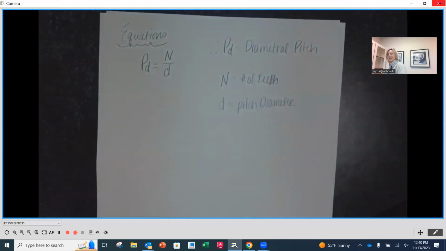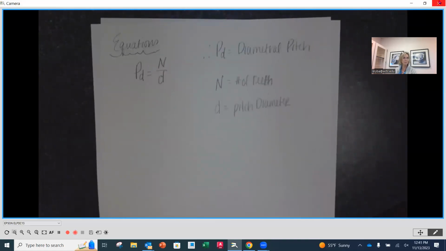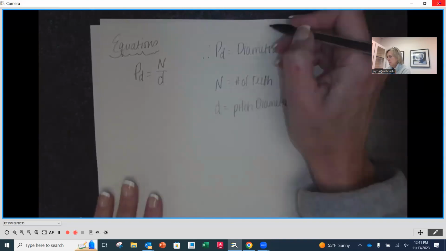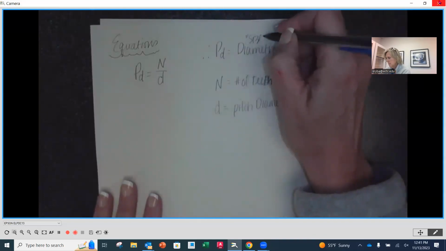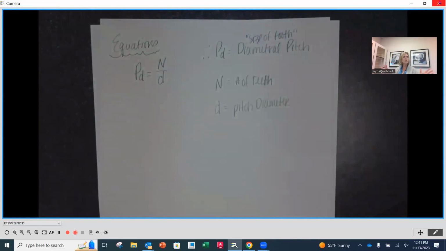And then lowercase d is going to be pitch diameter. Now, as we're looking at these terms, there's two that sound very similar, but they are very different. Diametral pitch is always the size of the tooth. And it's always an integer number. And it's not every number.